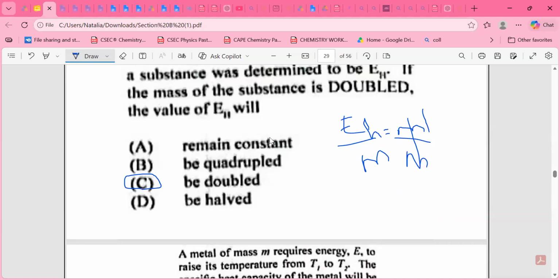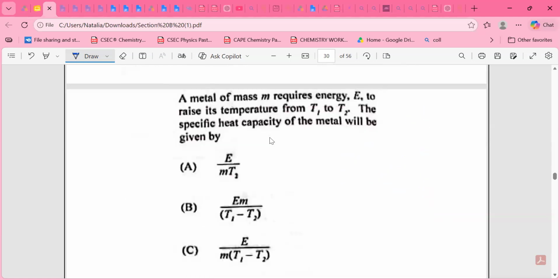Metal M requires energy E to raise its temperature from T1 to T2. Specific heat capacity is equal to EH over M delta T. Raise the temperature from T1 to T2. So delta T is always hotter temperature minus colder temperature.